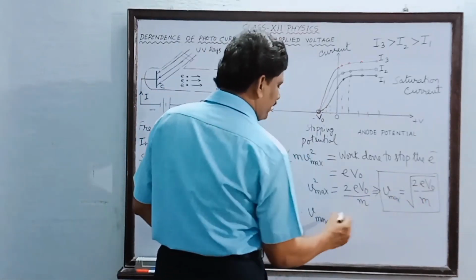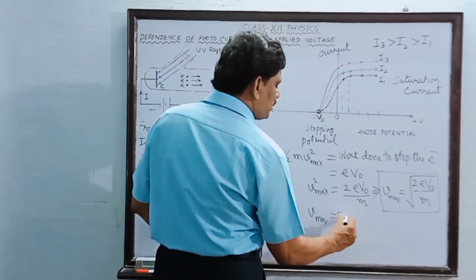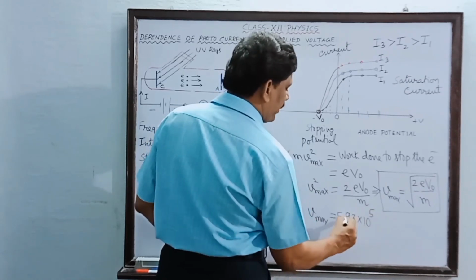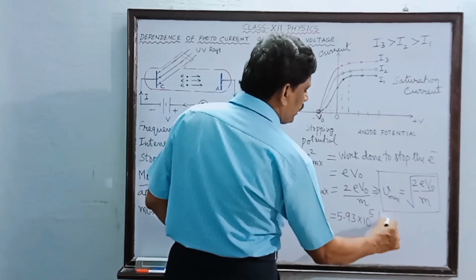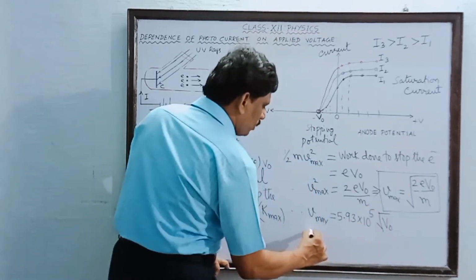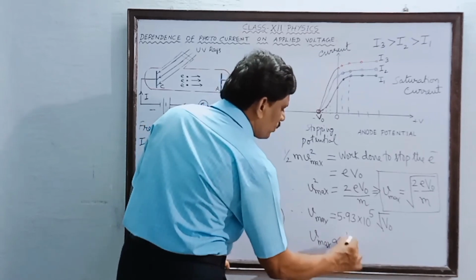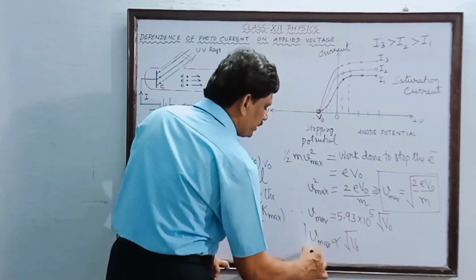So, if I substitute the values, it comes as 5.93 into 10 to the power of 5 into square root of V0. So, v maximum is proportional to the square root of the stopping potential.